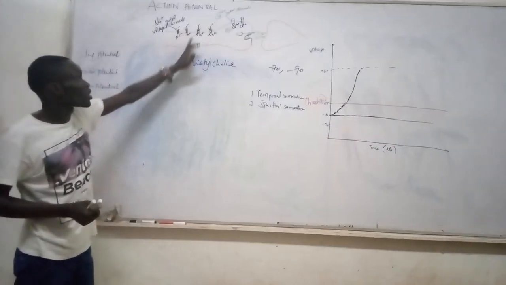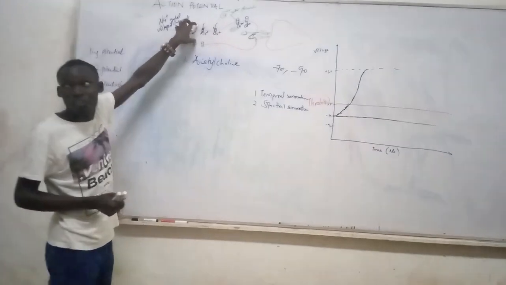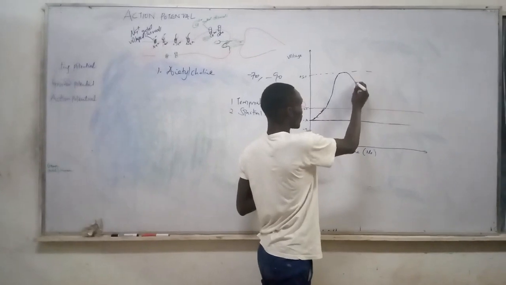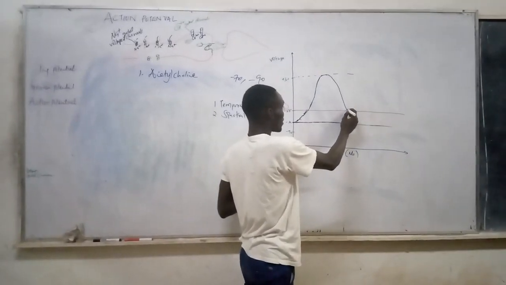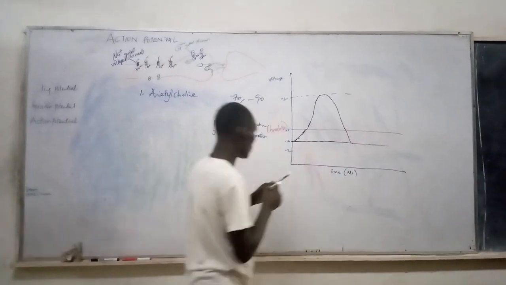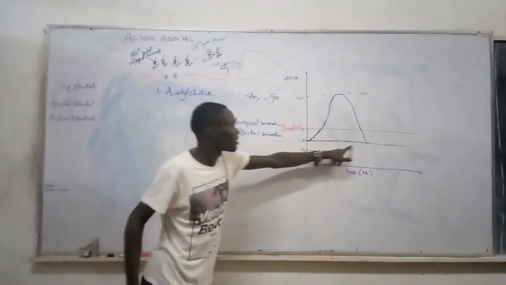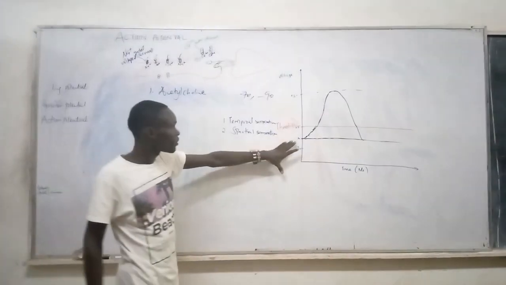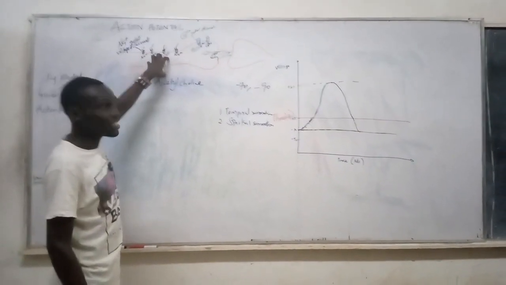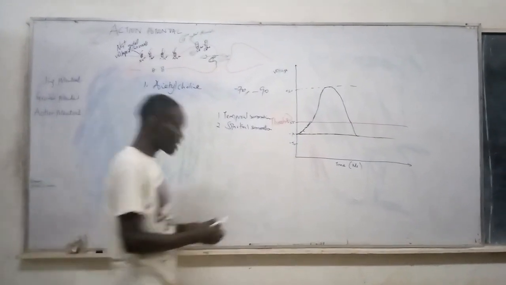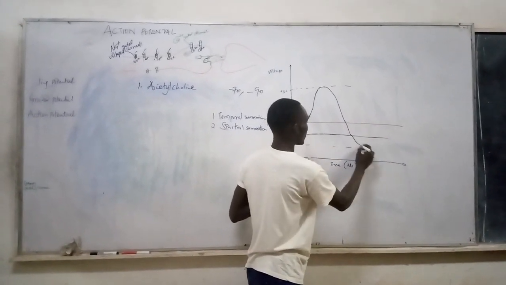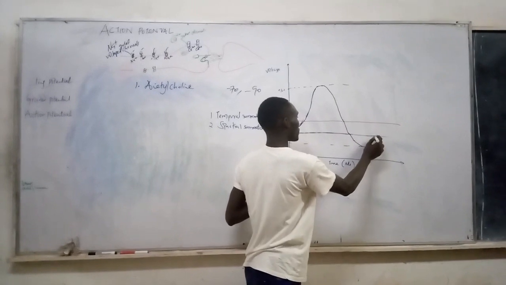When the potassium ions leak out, it decreases the charge of the membrane, so the charge starts to decline toward the resting potential. If the potassium channels don't close, more leakage of potassium ions progresses, so the membrane can go past the resting potential, up to negative 90.